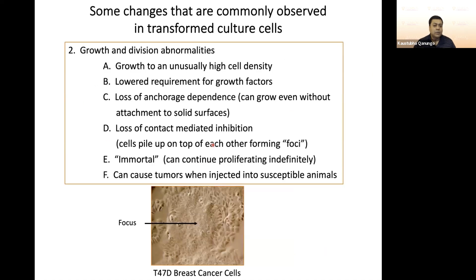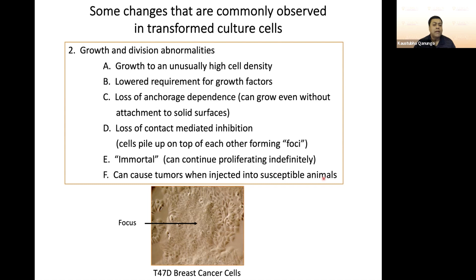All right, so these are some of the growth division abnormalities. Remember the focus of the cell, that is important, and they are immortal and can cause tumor when injected into a susceptible animal.